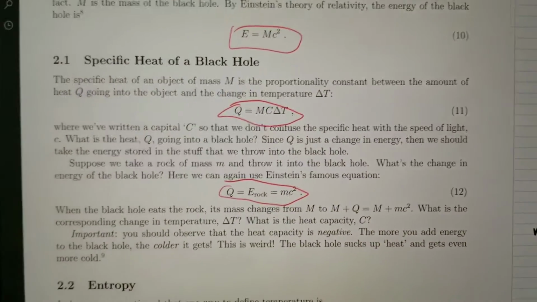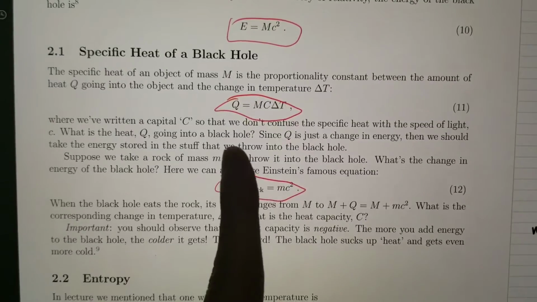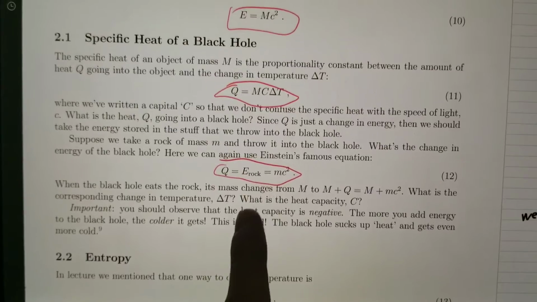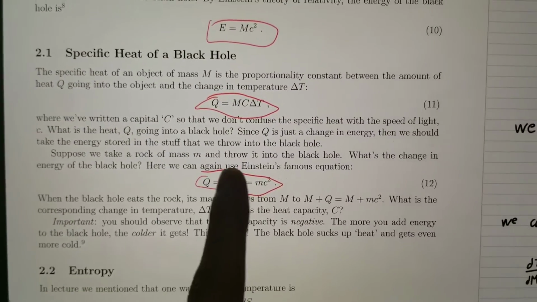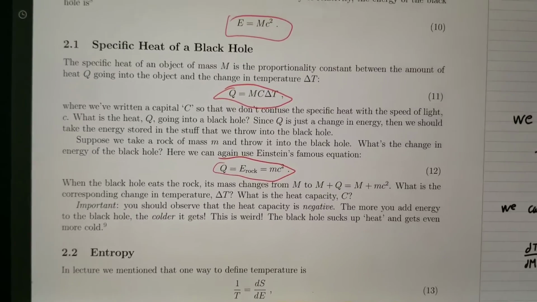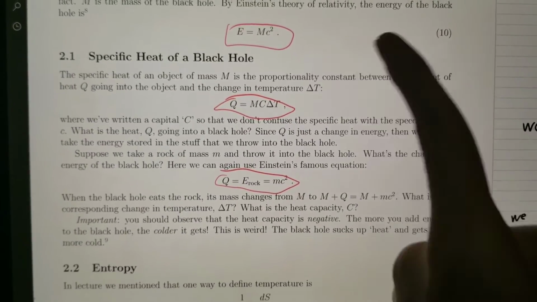Now, even more formulas that will be important to solving this: Q is equal to mcΔT, and also the understanding that if we took the rock and threw it into the black hole, we have to understand what changes in the energy of the black hole. Using Einstein's theory of relativity, it's already becoming useful.